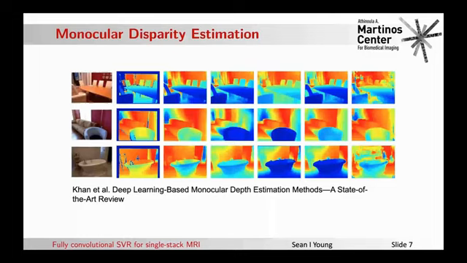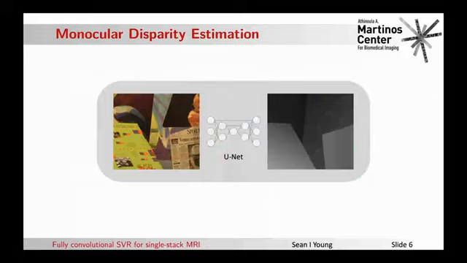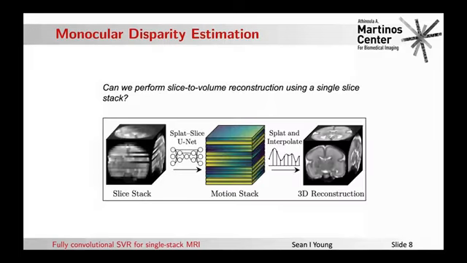People are using multiple slice stacks to piece them together into an MR volume. Can I do this using a single slice stack, the way people are doing disparity estimation based on a single view? That's what led to this research project.